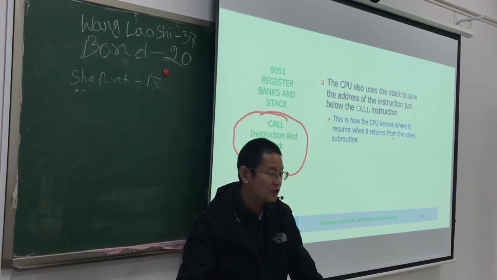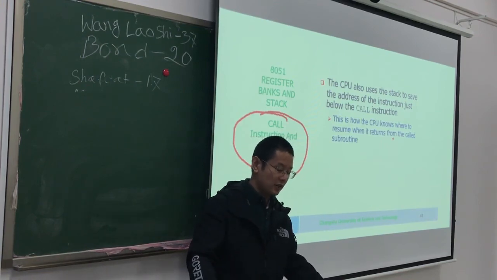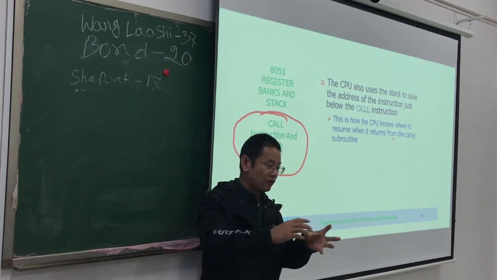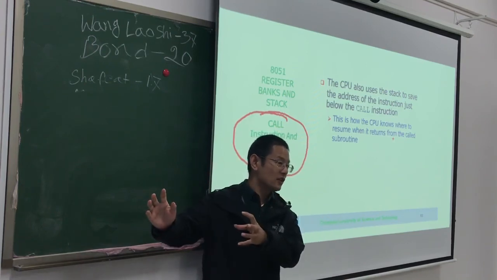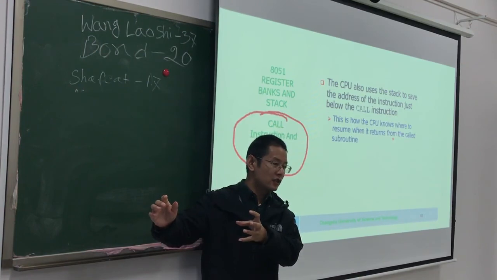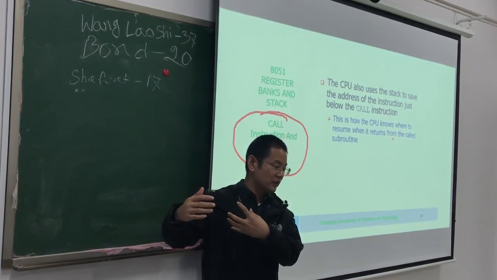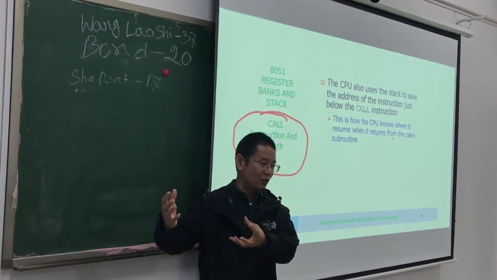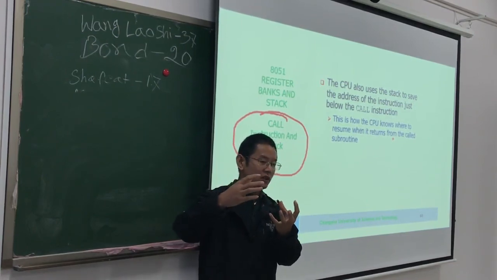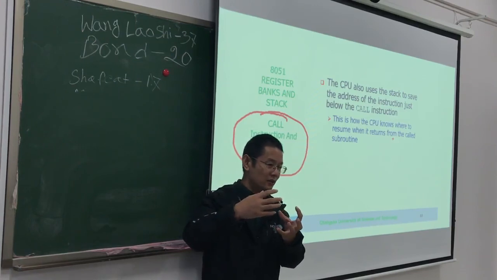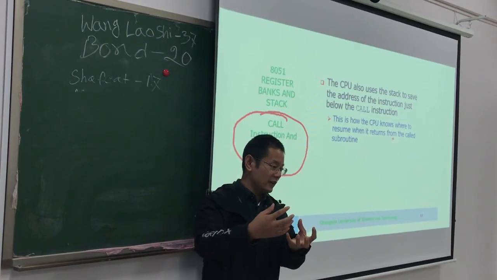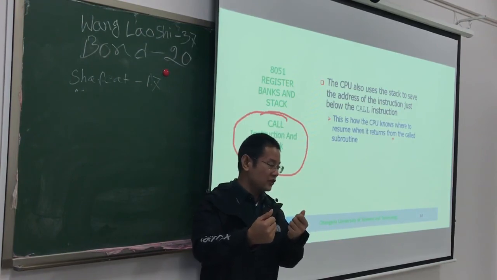When you call some subroutine, the PC points to another address. After the CPU finishes the code, the PC must return to the address. So the address for returning is stored in the stack.